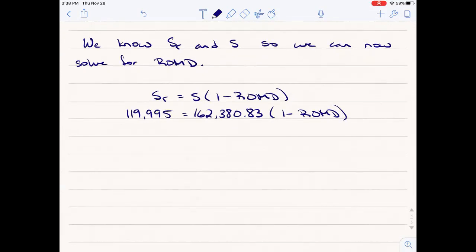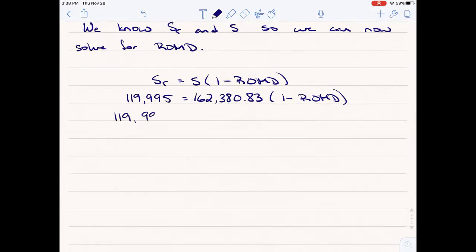Dividing both sides by 162,380.83, 119,995 divided by 162,380.83.